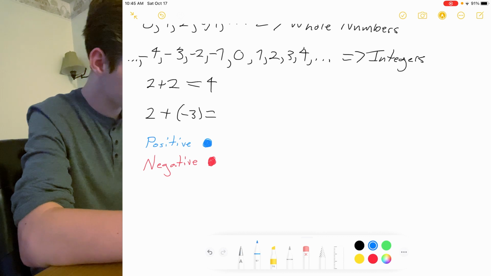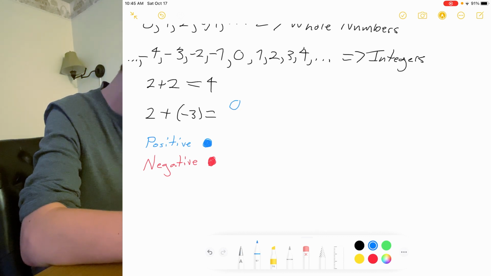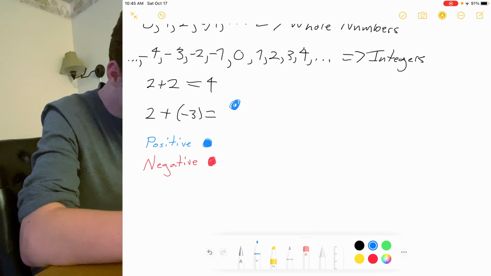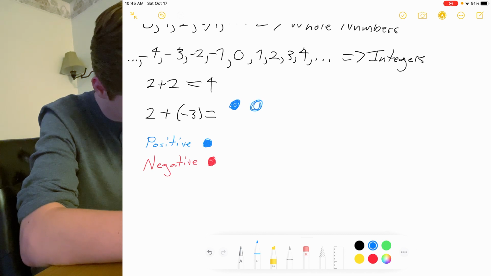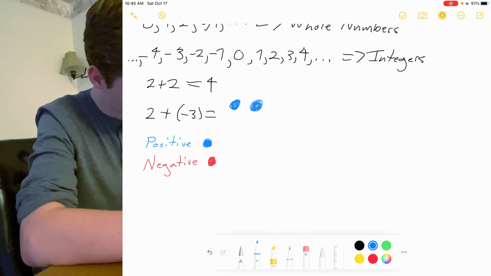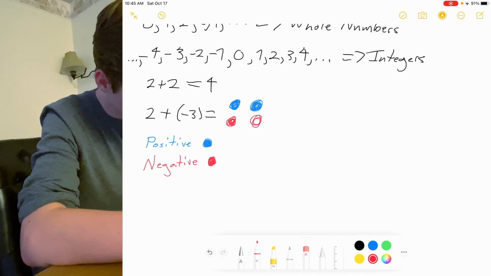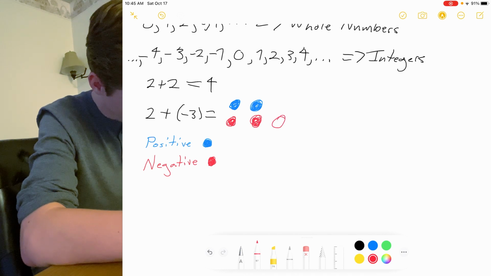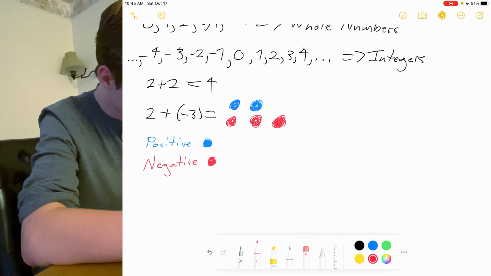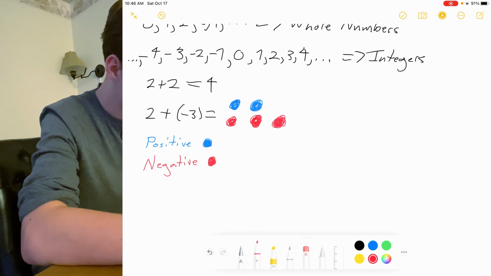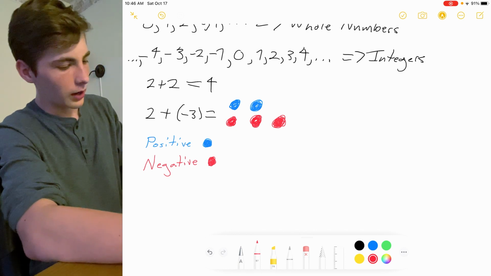So let's add this number here. If we have positive 2, that's going to be these blue circles. So we have 2 of them. Then we're adding minus 3, so that's going to be negative 1, negative 2, negative 3. Here's the interesting thing, and this is why I did them with the blue on top.